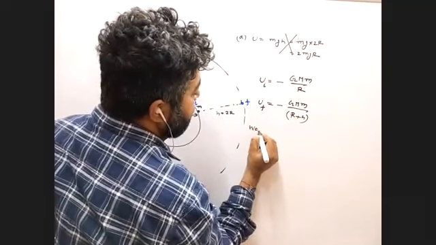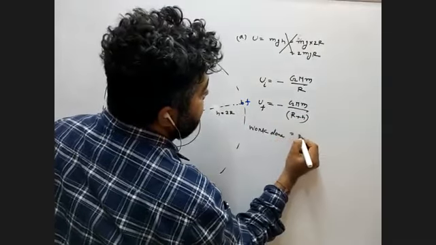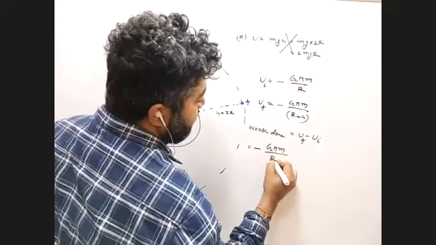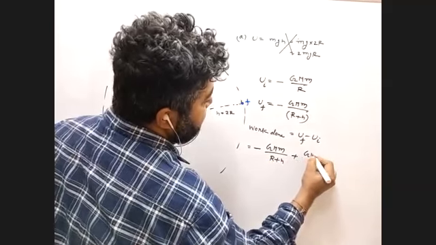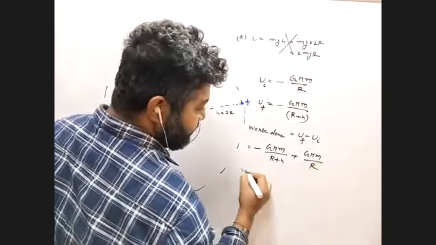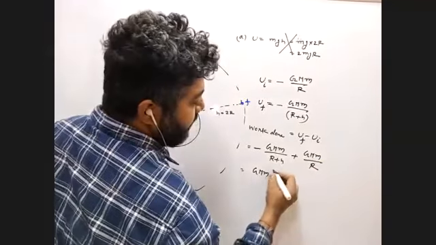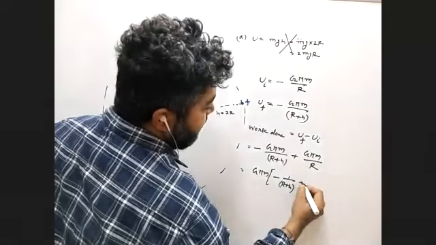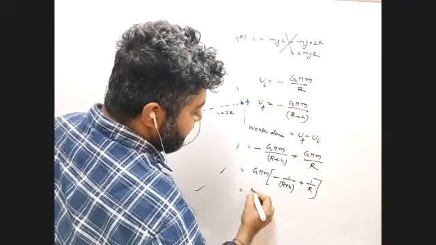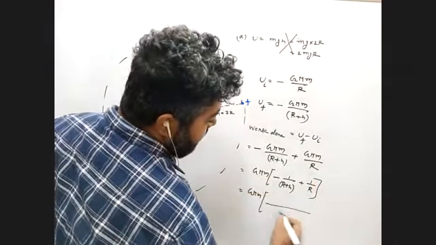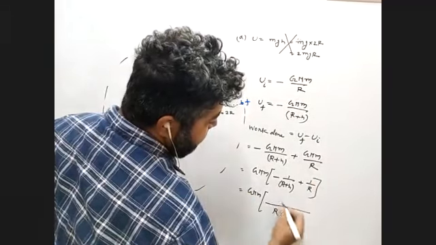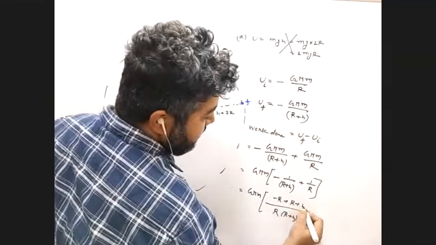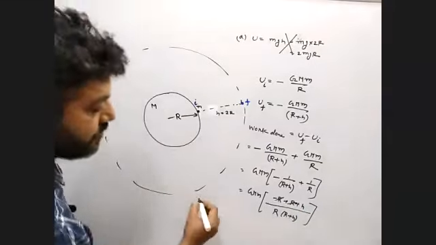So the work done is the final minus initial. So minus G M m by r plus h, minus of minus plus G M m by r. So if you take G M m common, minus 1 by r plus h, plus 1 by r, which means G M m into h over r into r plus h.